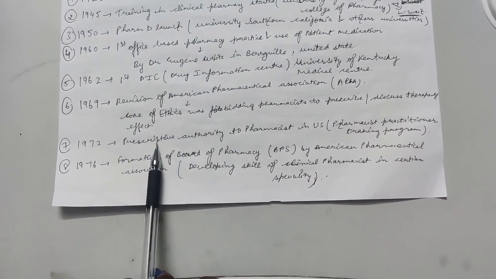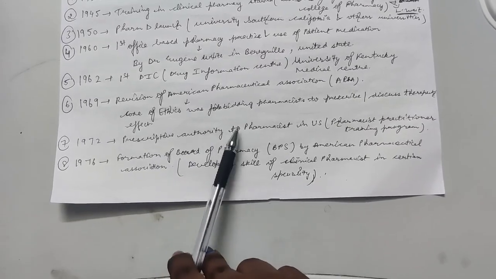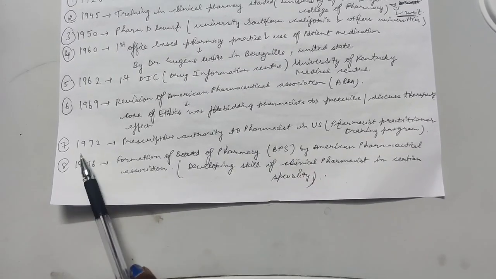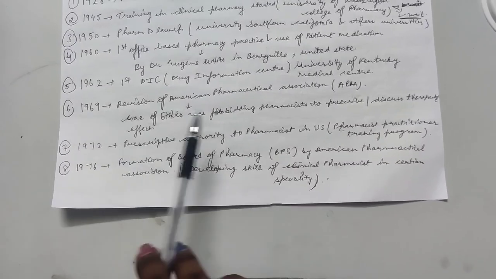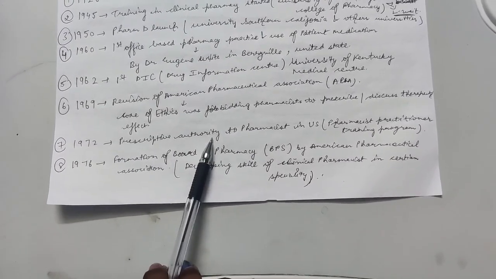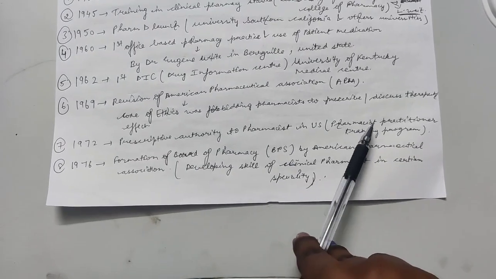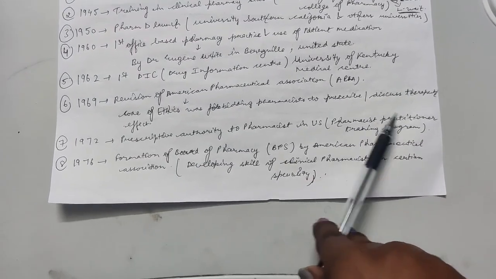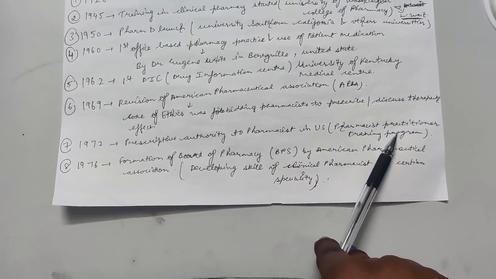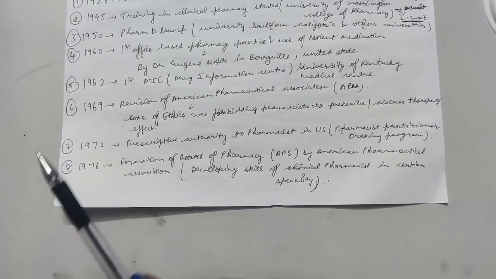In 1972, prescriptive authority was given to pharmacists in the USA. In the US, the pharmacy practitioner training program helped the pharmacist to prescribe the drugs.